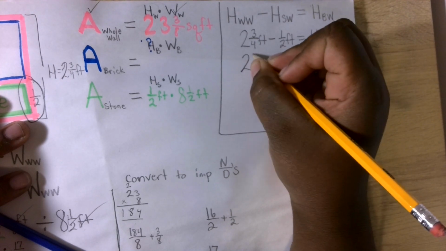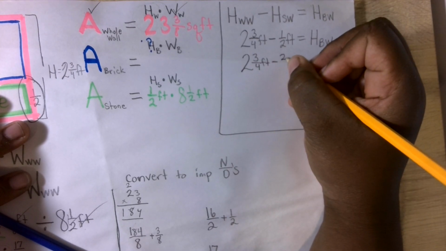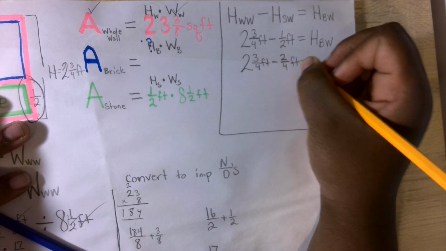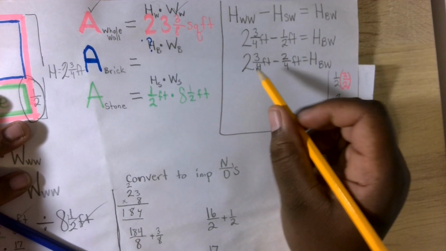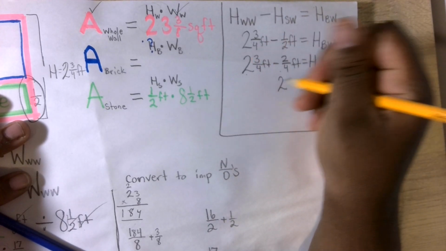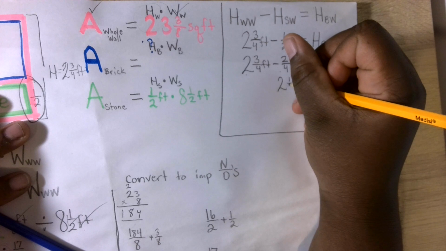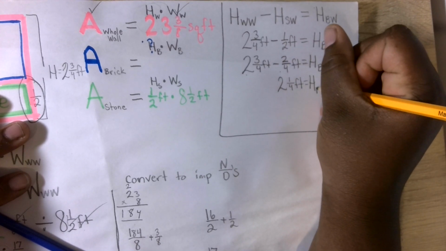So 2 3/4 feet minus 2/4 feet is the height of the brick wall. 2 whole units minus 0 whole units is 2 whole units. 3/4 minus 2/4 is 1/4. So 2 1/4 feet. That's the height of the brick wall.